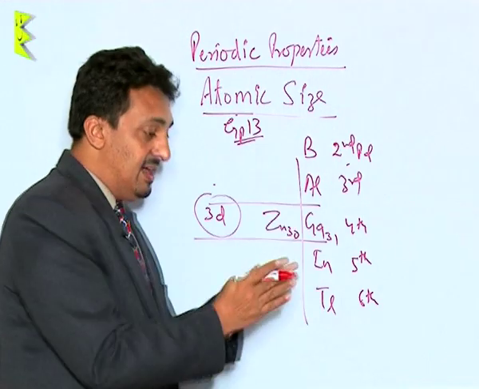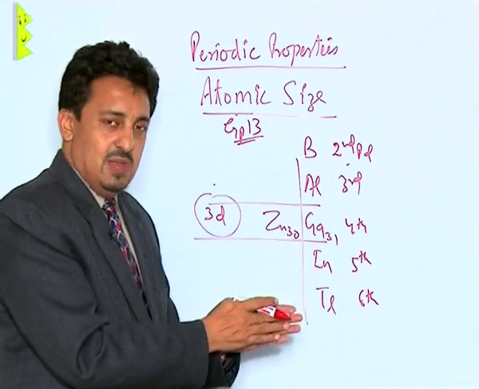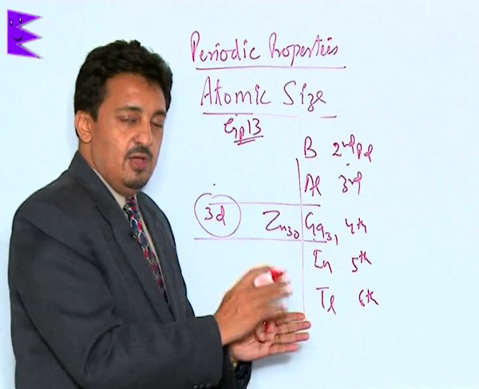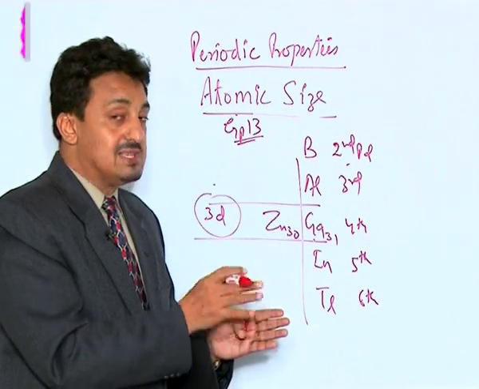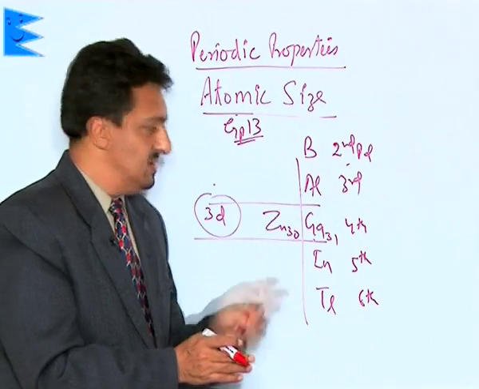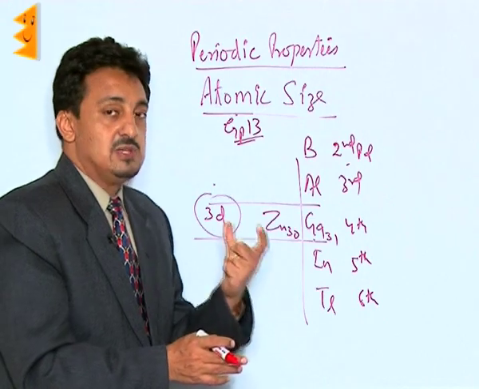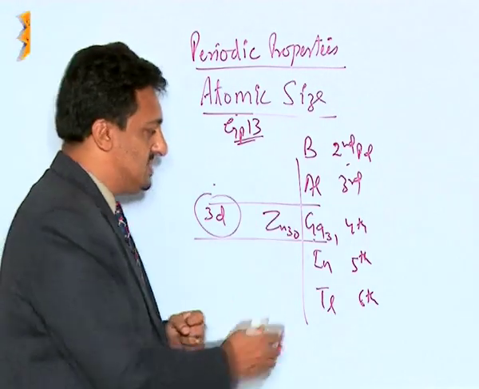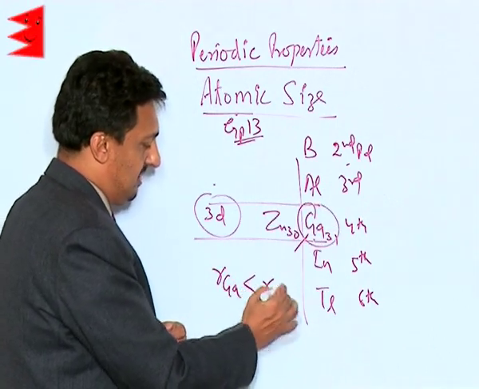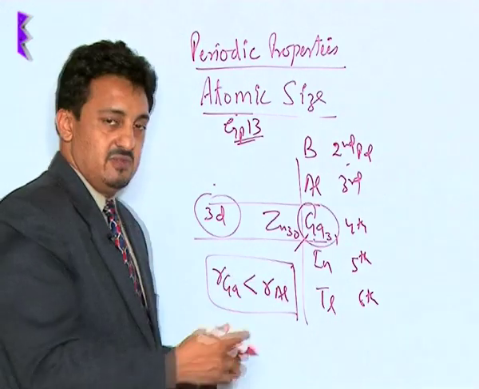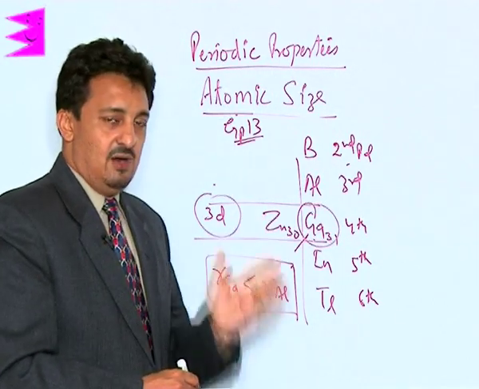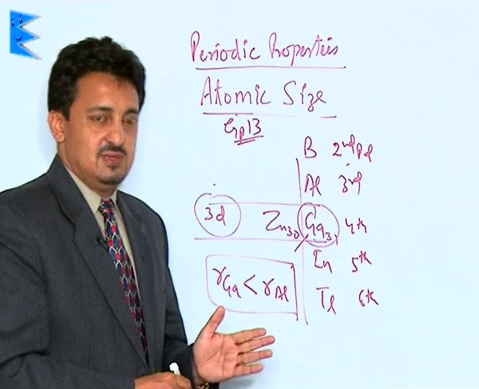Now d are inner n-1 subshells. The moment the electron goes into the 4p, in case of gallium, it gets poorly screened by the inner electrons. Due to poor screening, the atomic size of gallium becomes smaller than aluminium. So that's the exception: the radius of gallium is smaller than the radius of aluminium, which is just the reverse of the usual trend. This happens because of poor screening of the gallium valence electrons by the inner electrons.